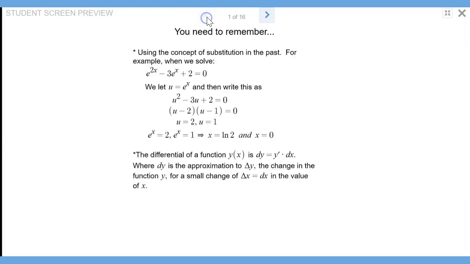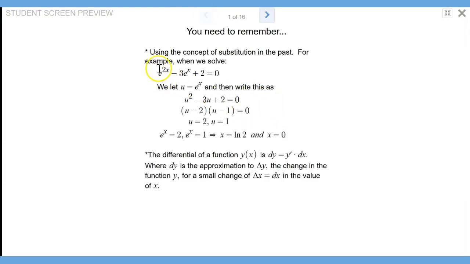So if you think back to an equation like this. We don't know how to solve that as is, but we can recognize that as a quadratic form. Here you have e to the x squared, here you have 3e to the x, and here you have a constant. So we could make a substitution.